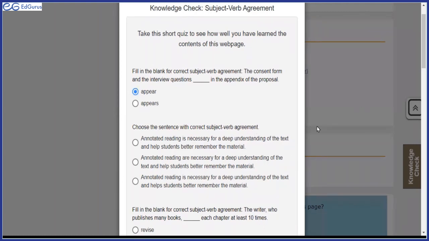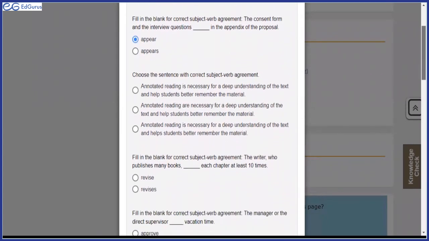Choose the sentence with correct subject-verb agreement. There are 3 sentences given. You have to identify which is the correct subject-verb agreement.